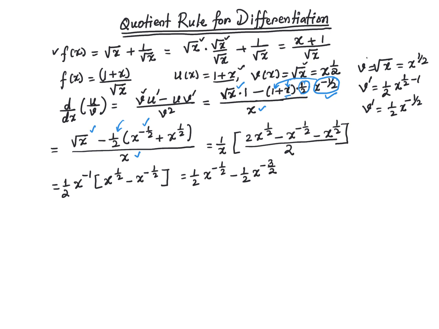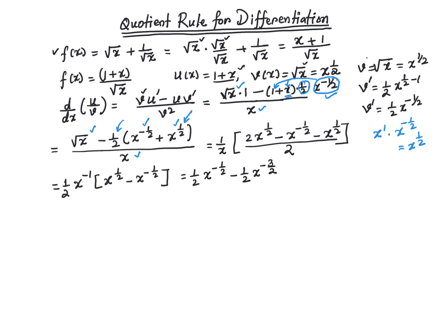Then x times x to the power negative 1/2 is x to the power positive 1/2. Remember, x is the same as x to the power 1 times x to the power negative 1/2. You add the exponents, so 1 plus negative 1/2 is positive 1/2. So that's how I get this value.